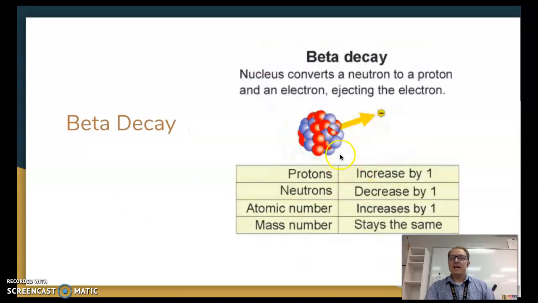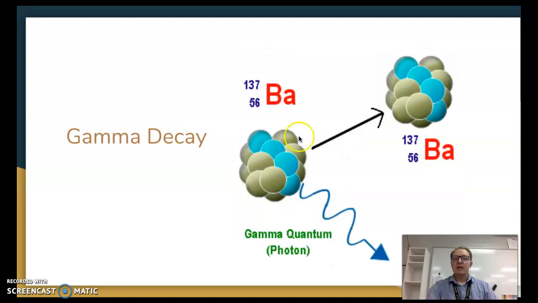Know that beta decay is when a neutron splits into a proton and an electron and sends the electron away, leaving a proton behind. And know that gamma decay is basically this gamma energy leaving the nucleus. All right, so know the three types and know that they happen, but you don't have to know which type of decay each unstable atom undergoes to become stable.